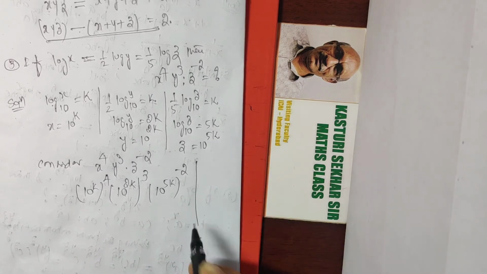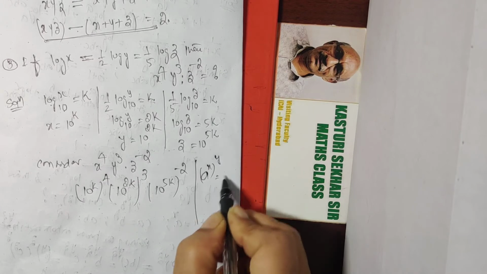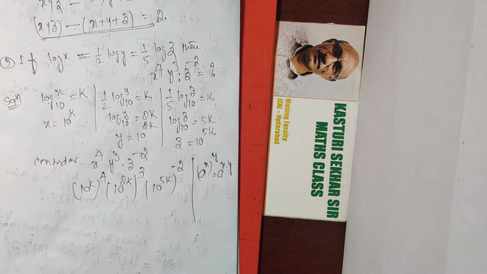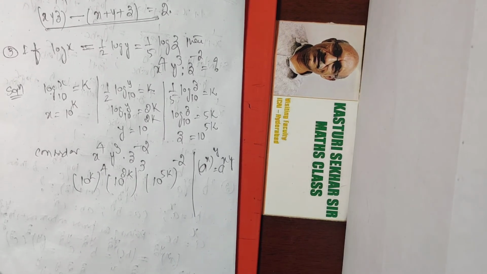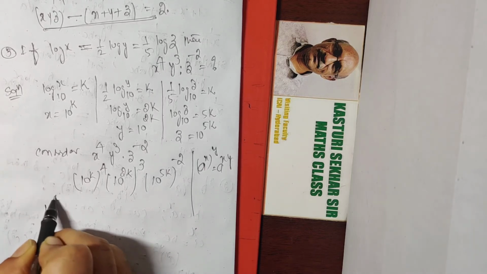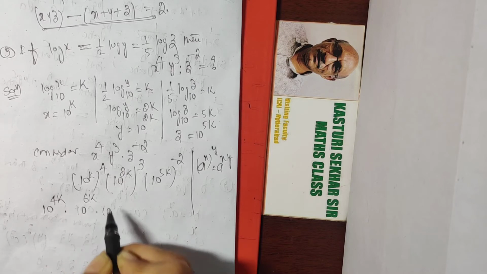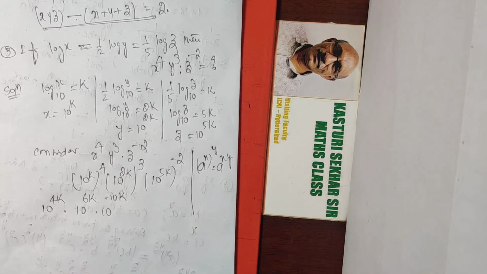Now, each term is of the type a to the power of x whole to the power of y, which can be written as a to the power xy. So this is 10 power 4k, 10 power 6k, 10 power minus 10k. Now bases are equal.